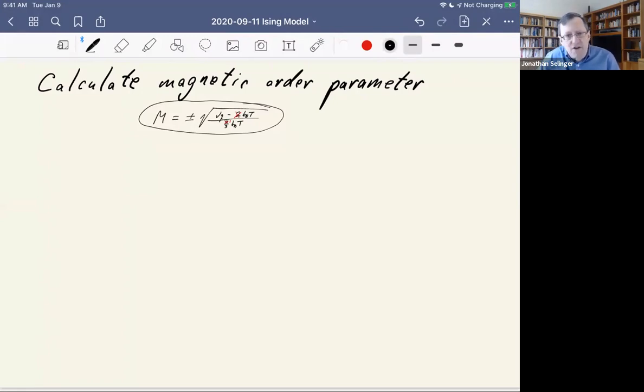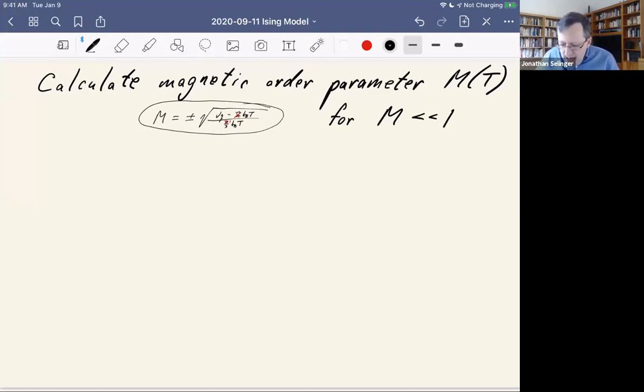It's going to depend on temperature. So we want to make a prediction for how much order there's going to be, this M of T. We cannot do that in general. There's no simple algebraic solution of the equation, but we can do it as an approximation when M is much less than 1, that is, when there's only a little bit of magnetic order.